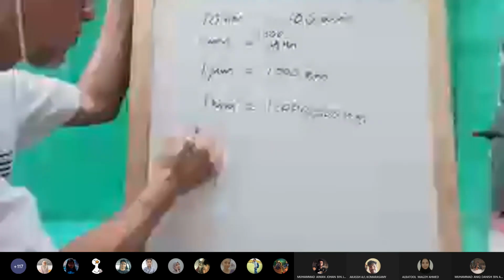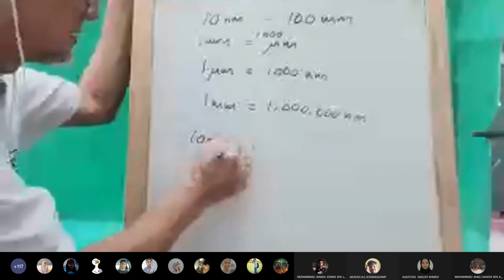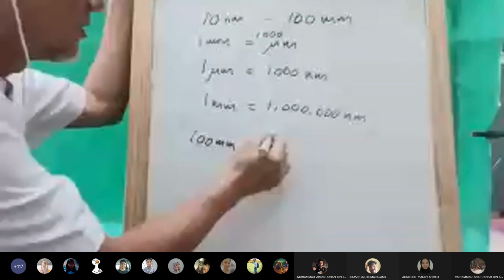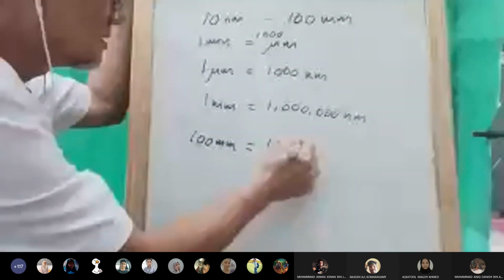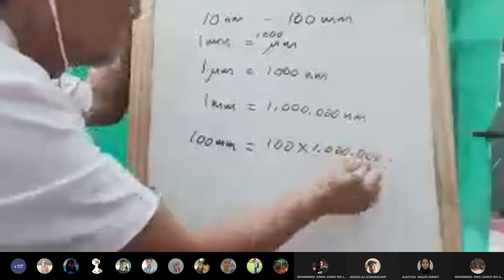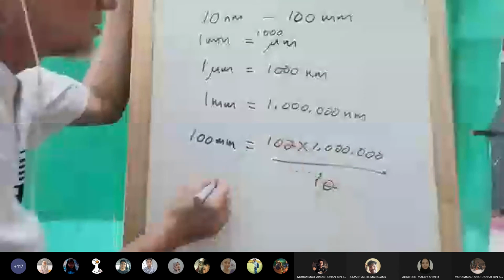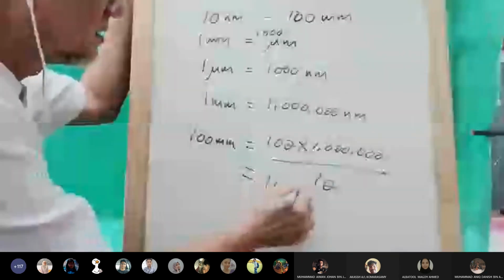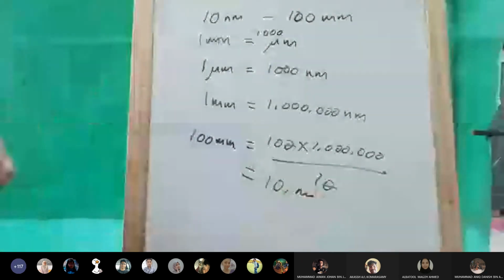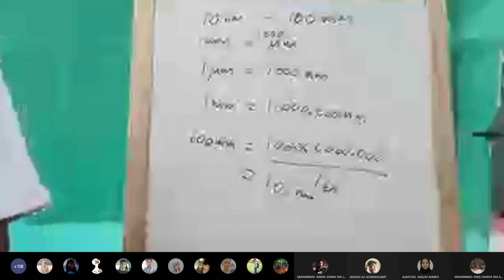So now 100 micrometer will be equal to 100 times 1 million divided by 10. So you got probably about 10 million cell membranes that can be stacked on the thin sheet of, let's assume, your size of paper there. That's the amount that you can actually stack out.